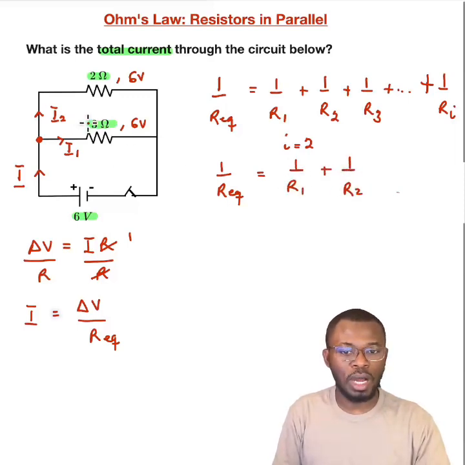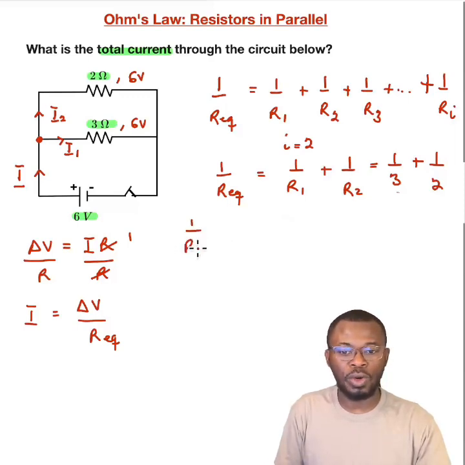From our circuit diagram, I labeled this I1, so this 3 ohm resistor is our R1, and hence the 2 ohm resistor is R2. Let's plug these values in. We have 1 over 3 ohms plus 1 over 2 ohms. So 1 over R equivalent, which is the total resistance due to the 2 resistors in parallel, is equal to 1 over 3 plus 1 over 2.